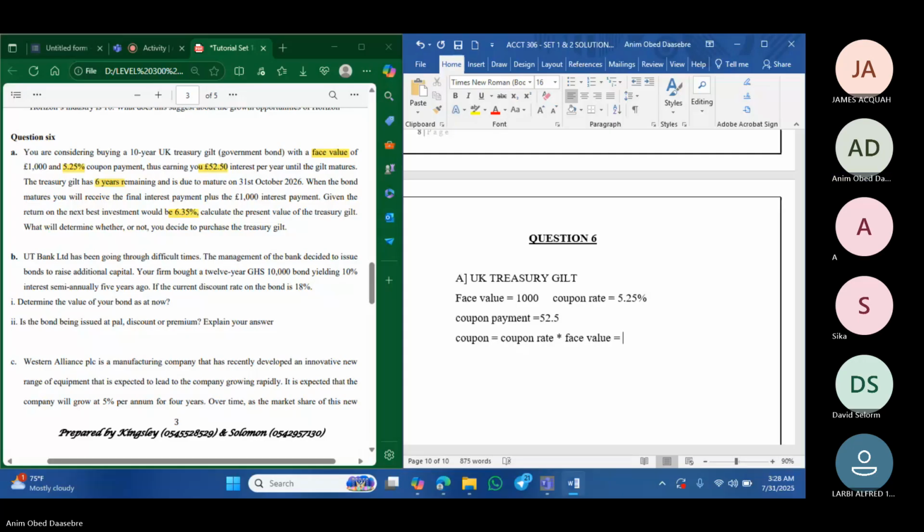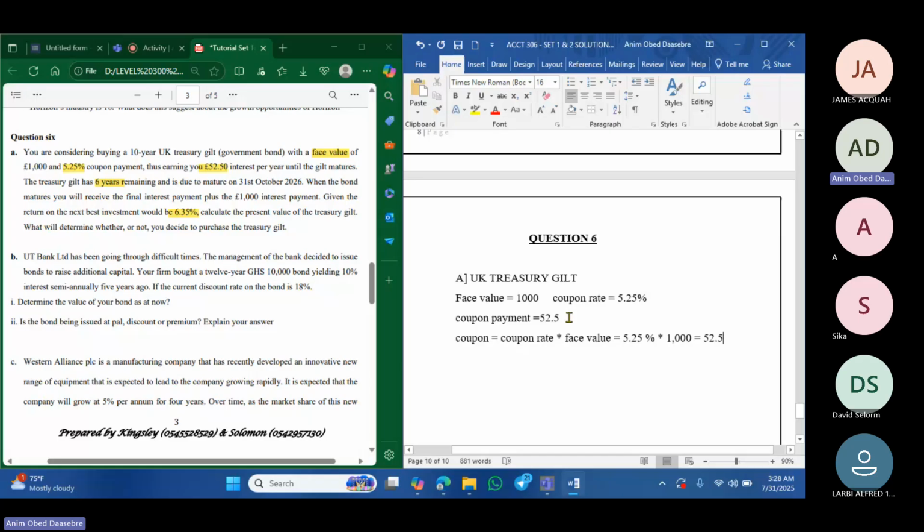When you multiply the rate, 5.25%, times your 1,000, you should get 52.5.